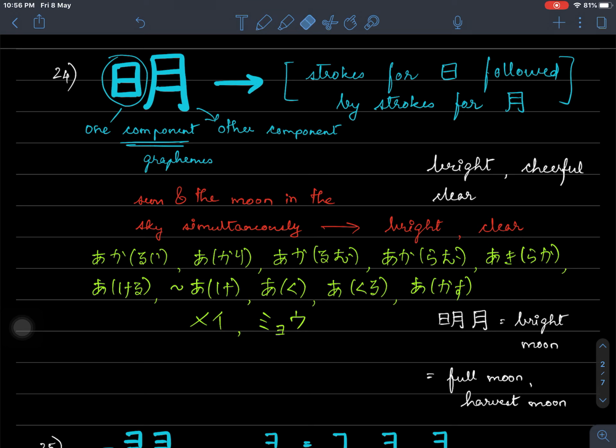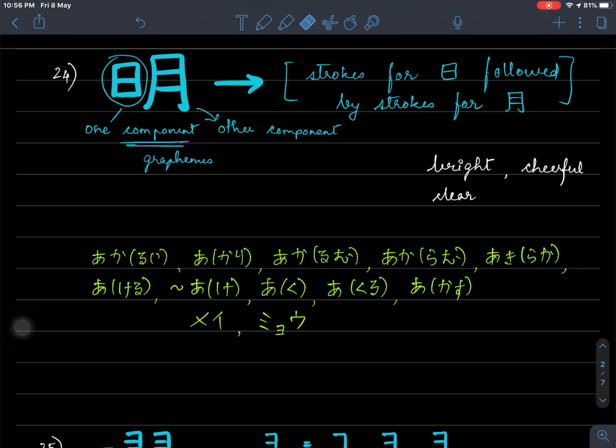Actually, I'll have to erase it already, so let me erase it. I'll erase the mnemonic first, and I will rewrite this first word up there.